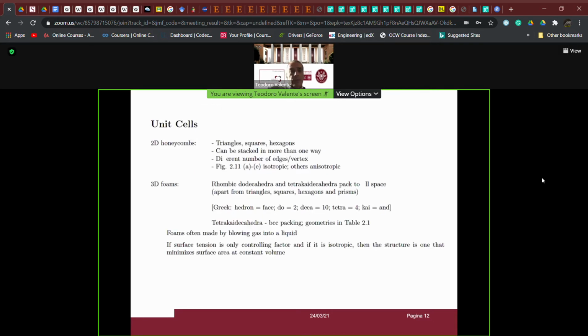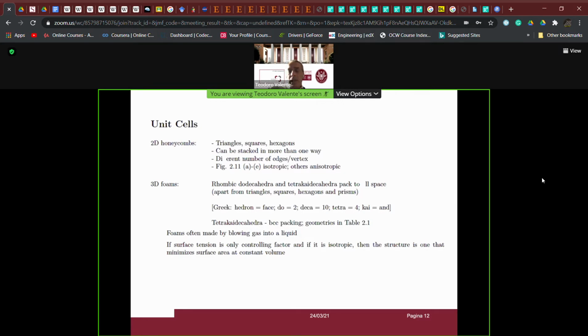The solids and the cells can be defined in a bidimensional way, as in honeycombs. And in this case, they can have geometries such as triangles, squares, or hexagons, or they can be developed in a three-dimensional way.